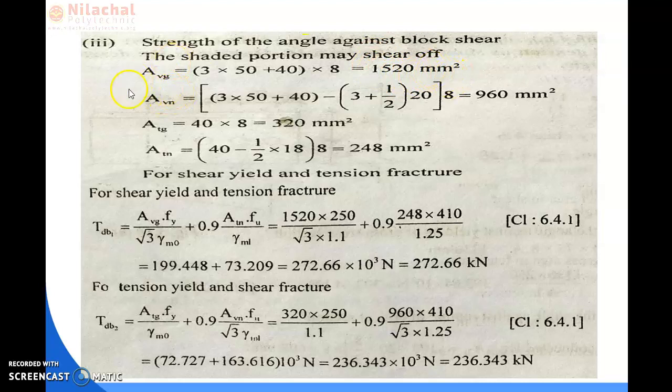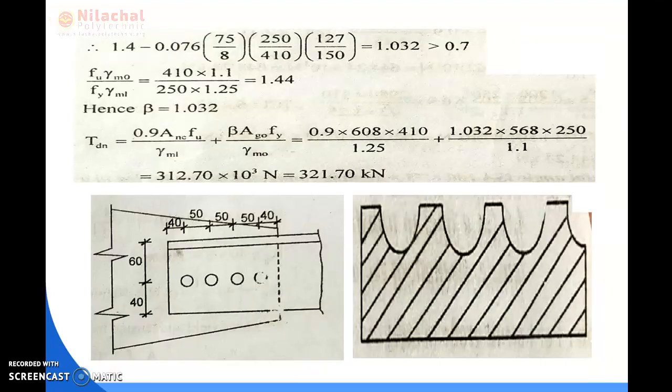Next one is your AVN. So as I said before, to calculate the AVN, we just need to deduct the bolt hole portion from the total width of the block shear along the V line.